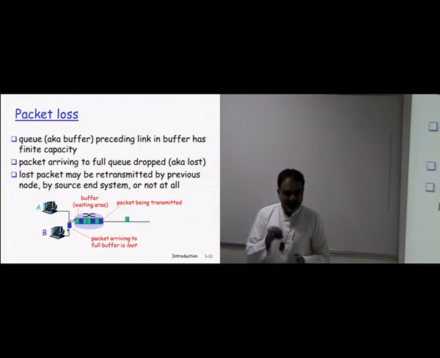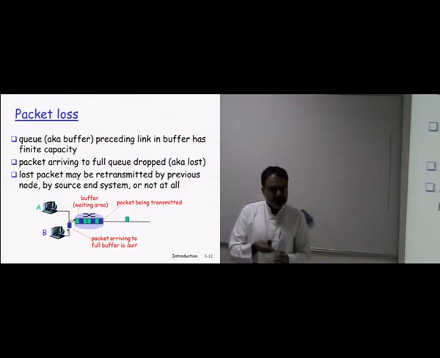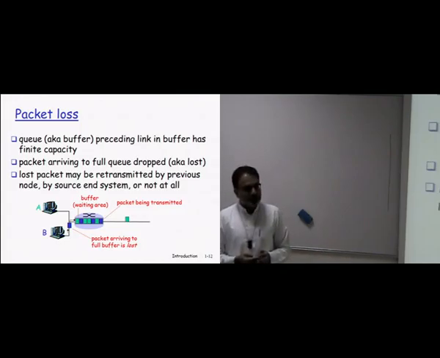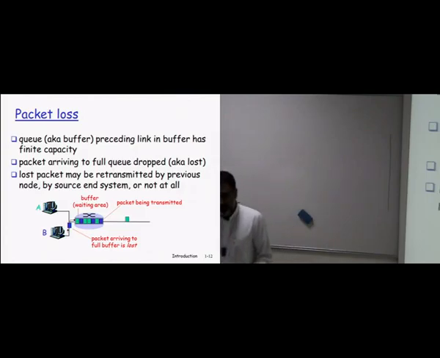Queue, also known as buffer, preceding the link, has finite capacity. Remember, these buffers are of finite capacity. Packets arriving to a queue which is already full will definitely be dropped. It is also known as packet loss.